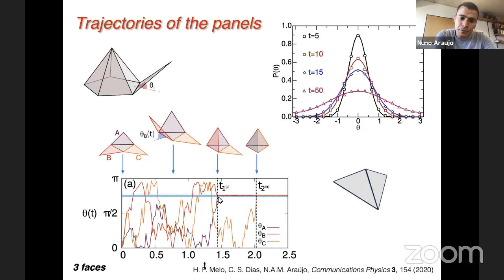So now, once the 2 faces are closed, the 2 remain in the same place, and the 3rd face, the only thing it needs to do is to diffuse until it touches these 2 faces, and then it closes.